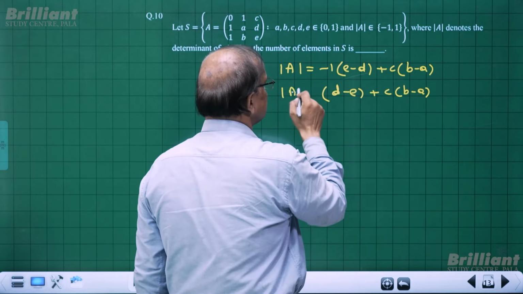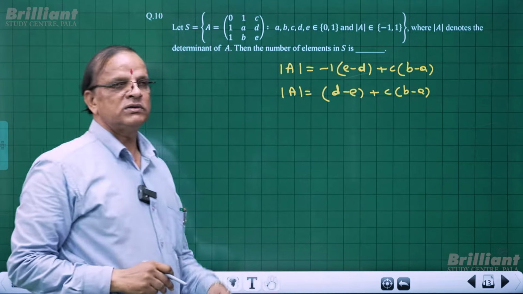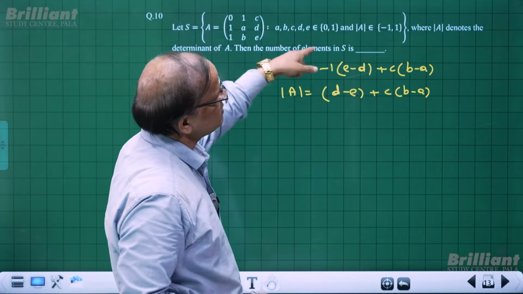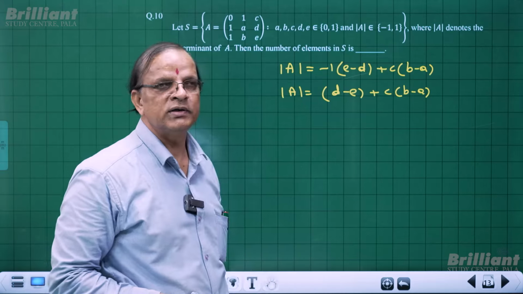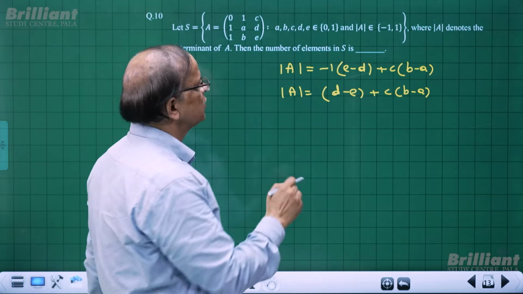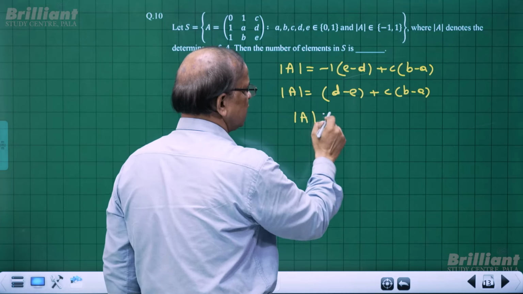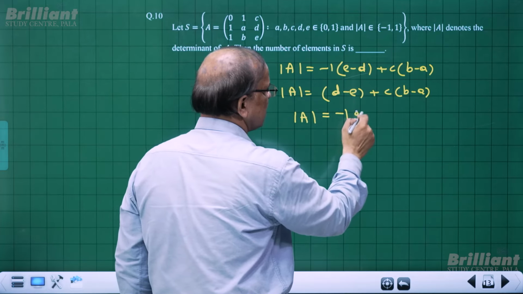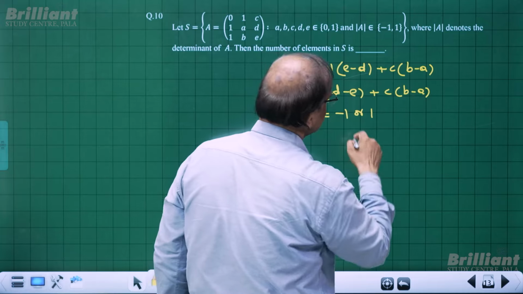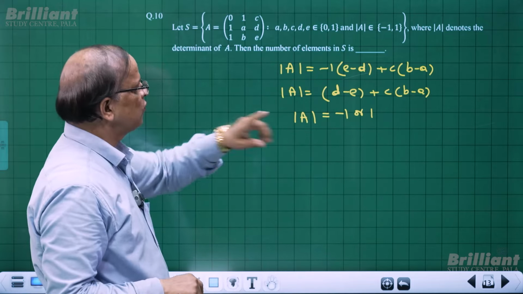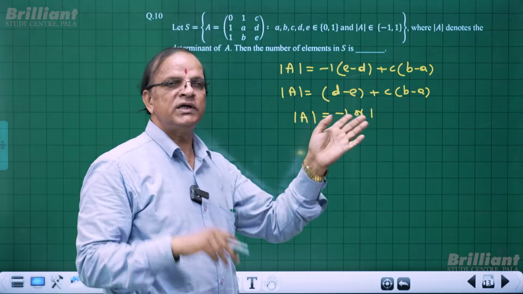So, this is what the determinant of A is. But what is given for the determinant of A? Plus or minus 1, and the elements belong to 0 to 1. So, therefore, I will take determinant of A as minus 1 or plus 1, right. This is the determinant. Now, we have to find out the A, B, C, D, E values.